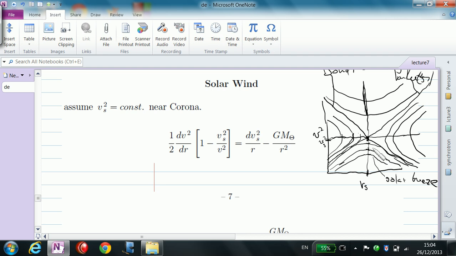Like we heard in the lecture on the Crab Nebula yesterday. So it's highly supersonic, but then when it passes through the shock, it's subsonic.